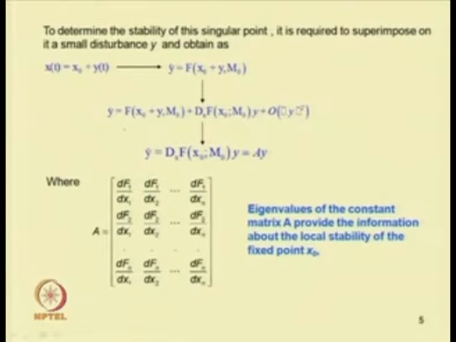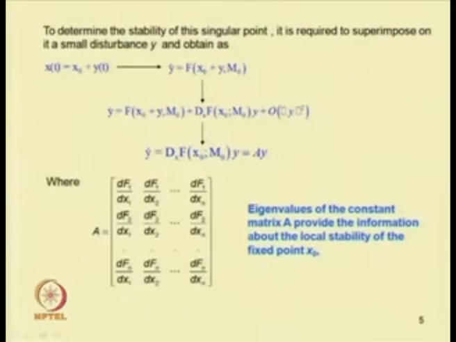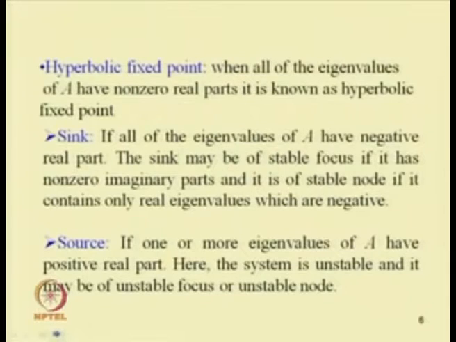If the real part of the eigenvalue is negative, then the fixed point response is stable. If the real part of the eigenvalue is positive, then the system is unstable.